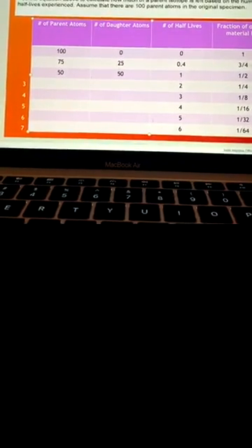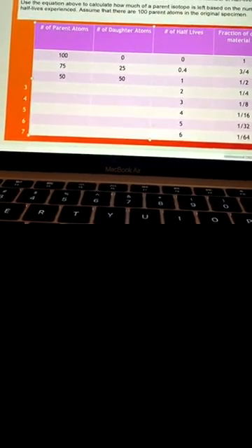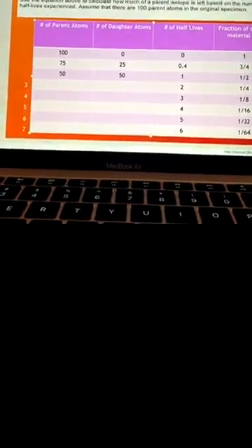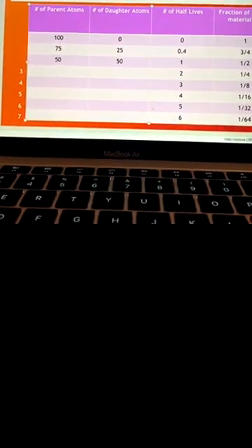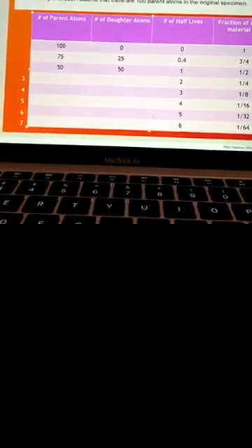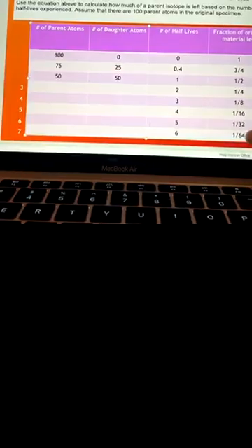Yes. When we were at 3/4 in the last column, what do we have in the first column? 75. When we were at 1 in the last column, what do we have in the first column? 100. So stay focused, y'all. If you pay attention, the fraction in the fourth column corresponds with the number that should go in the first column. So 1 is 1 whole, so that's equal to 100.